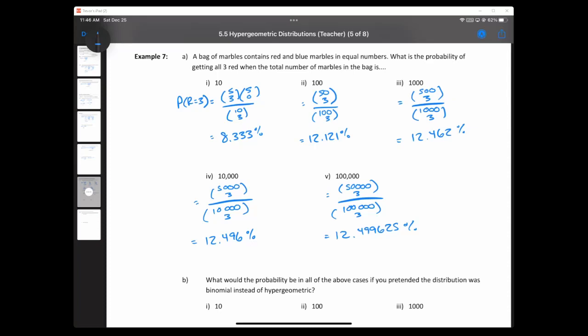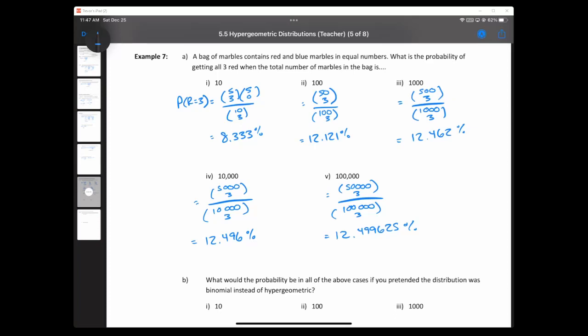And the second marble I'm picking out, there's 1 less marble in the bag. And it depends on whether the first marble was red or blue whether the second one will be red or blue, the number that are left. So it is not identical because there's 1 less marble in the second choosing, and it's not independent because it does matter what the first marble was.